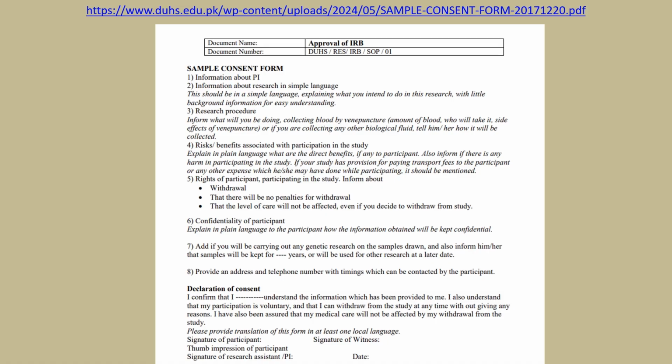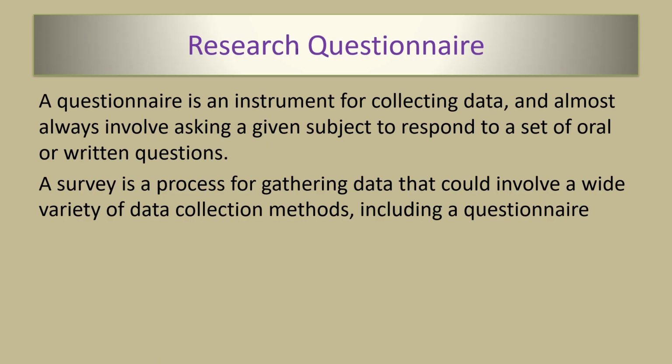The fourth point is risks and benefits of the research. The rights of the participant is fifth, then the confidentiality of the participants, and if the research is genetic, then the permission needed for this study. Providing an address and telephone number is the last point.